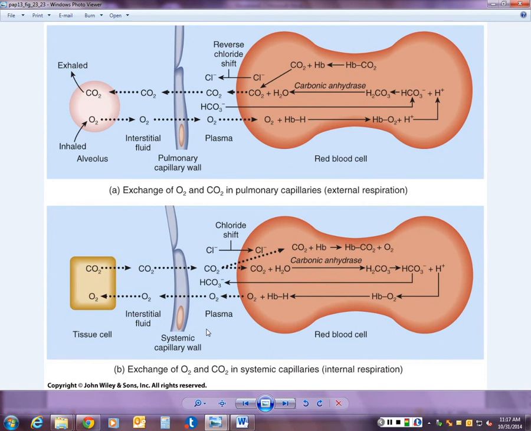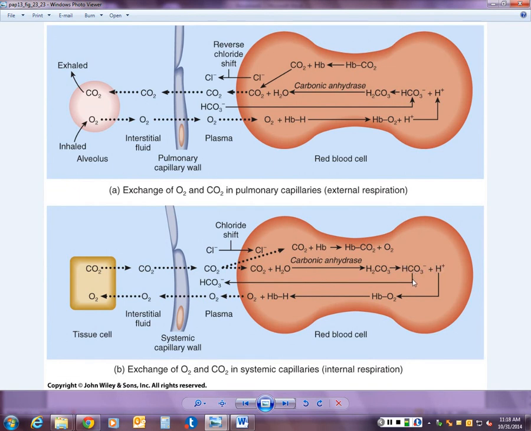And finally, we would have bicarbonate ions. Remember, we have to convert carbon dioxide into bicarbonate. This once again would occur within the red blood cell. In this situation, we're going to run those reactions in the reverse direction, or from left to right. Carbon dioxide will be united with water by carbonic anhydrase to form carbonic acid. Carbonic acid will then spontaneously fall apart and give you bicarbonate and a hydrogen ion.